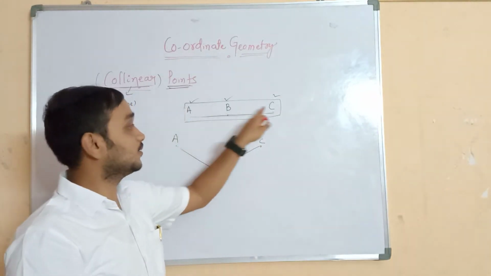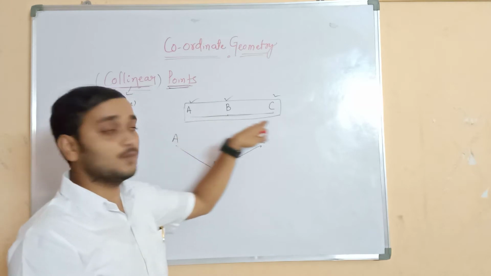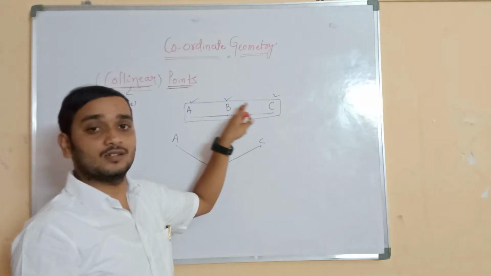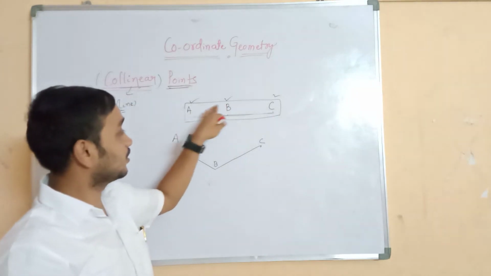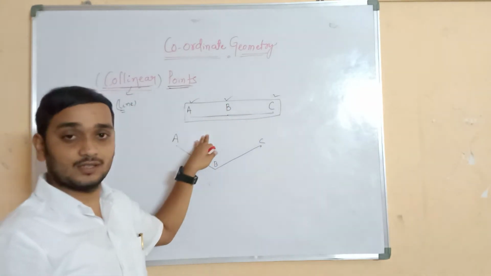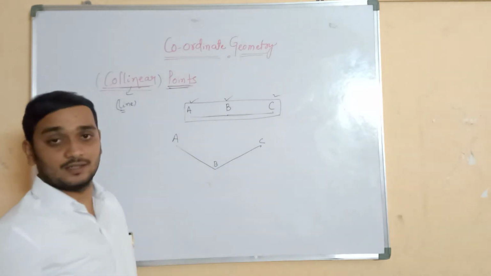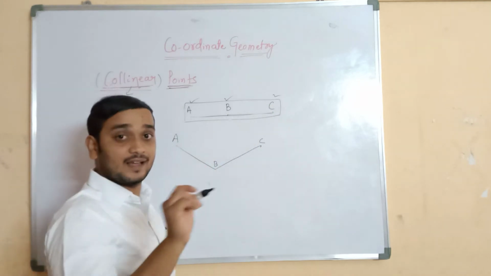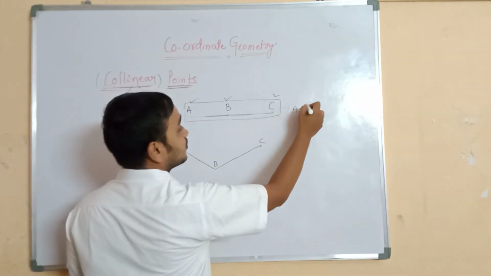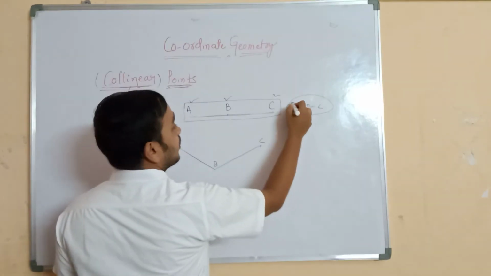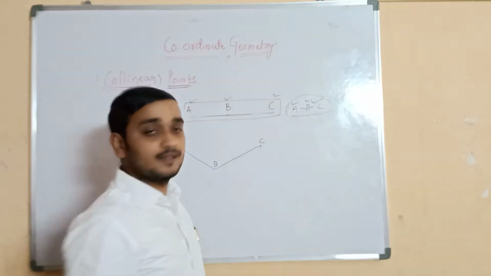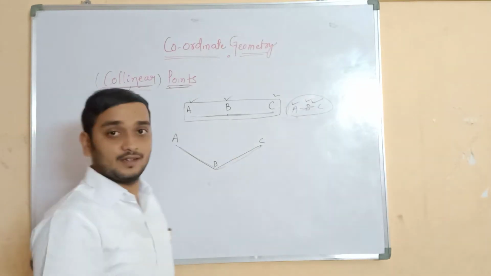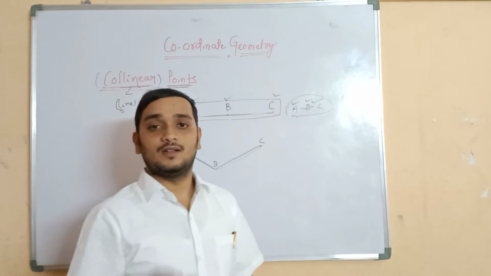Chronologically or not chronologically, in the same series or not, that doesn't matter. We have to see that they are in a line. This can be represented as A to B, B to C. Now see, this is also a line, but they are not in a straight line.